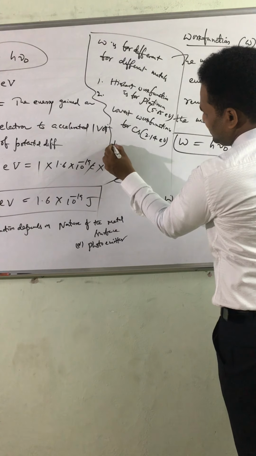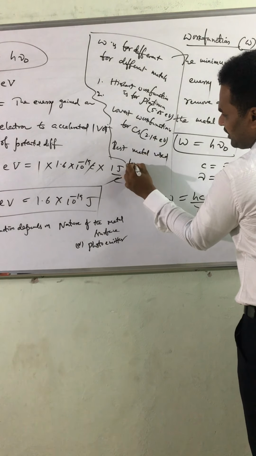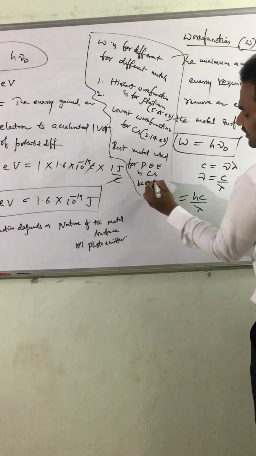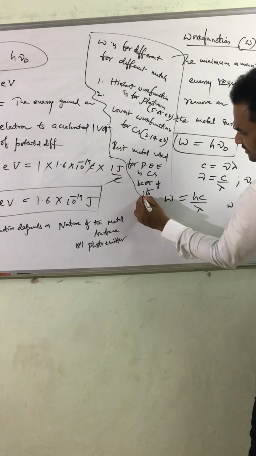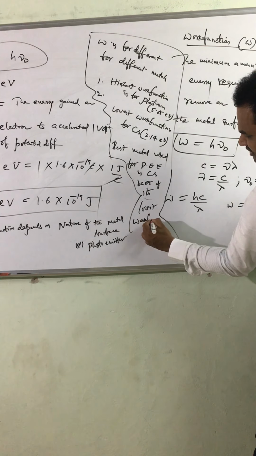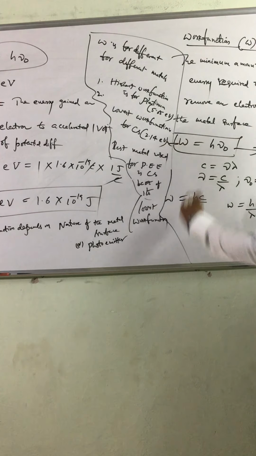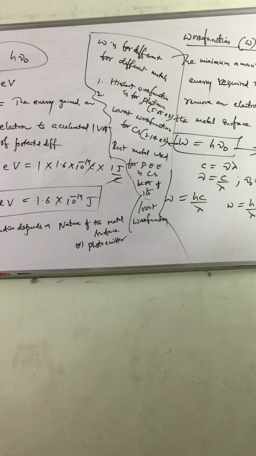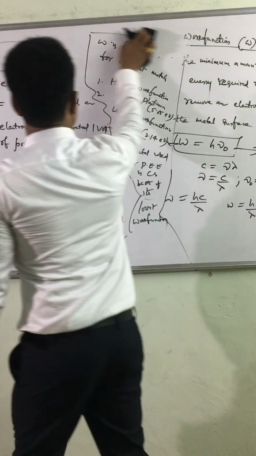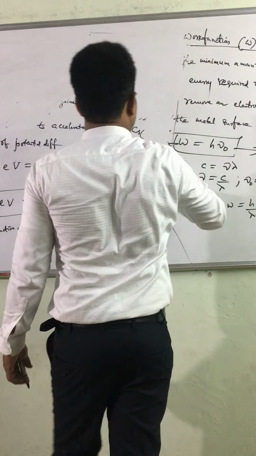So the best metal used for photoelectric effect is cesium because of its lowest work function. Understand? This is about the work function. The problems regarding work function use W equal to h nu naught, hc by lambda and hc by lambda naught.